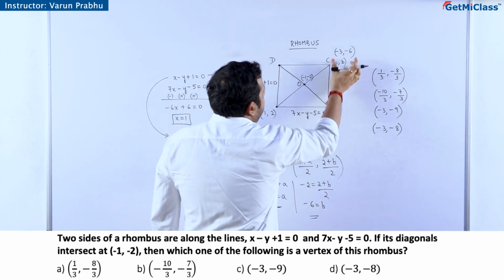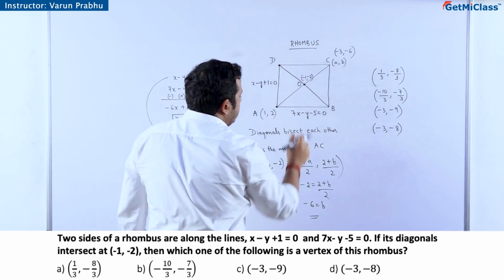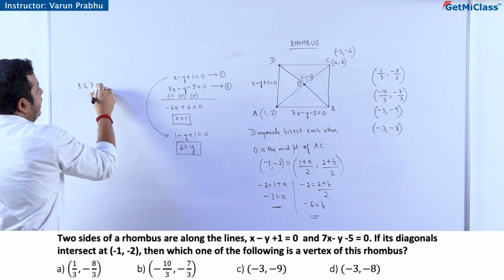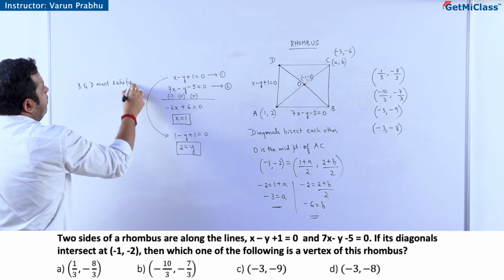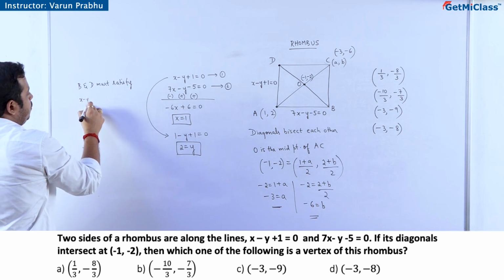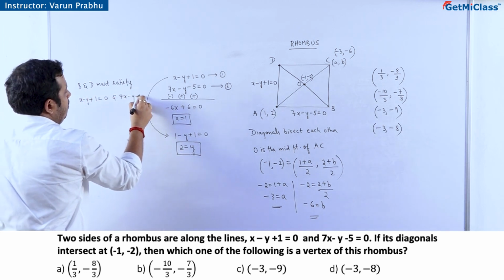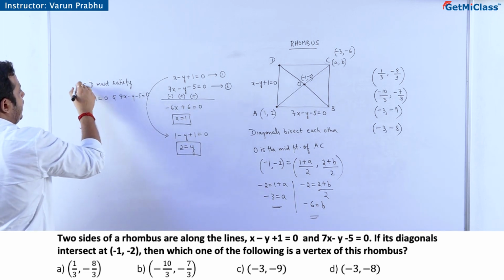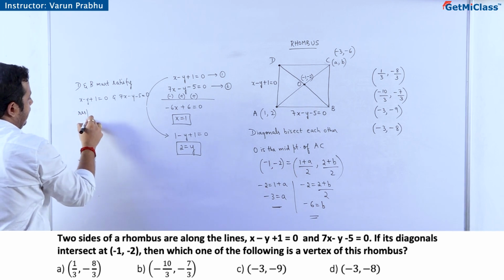This point is not satisfying both the equations, so B and D should satisfy x minus y plus 1 is equal to 0 and 7x minus y minus 5 is equal to 0, D and B respectively, right or not?